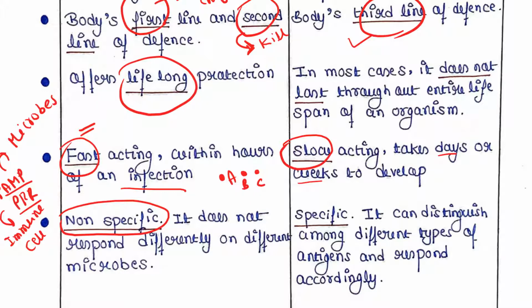Whereas adaptive immunity is specific. It can distinguish among different types of antigens and respond accordingly. So if A, B and C attack us, our adaptive immunity can recognize them as different pathogens. That is, adaptive immunity can identify that A is a different antigen, B is a different antigen and C is a different antigen.